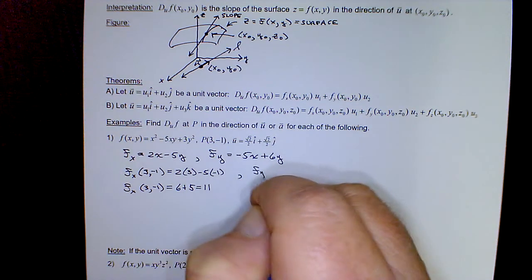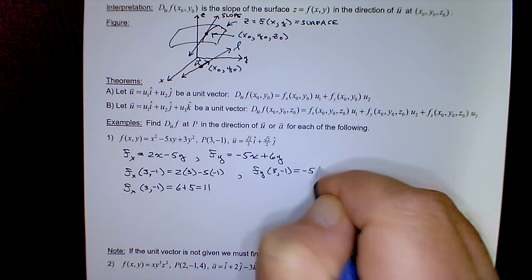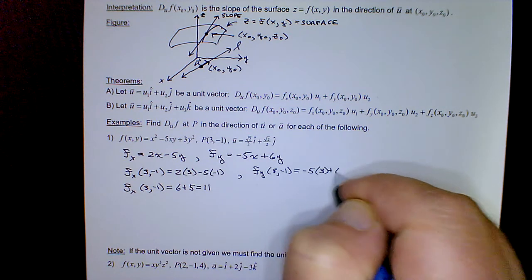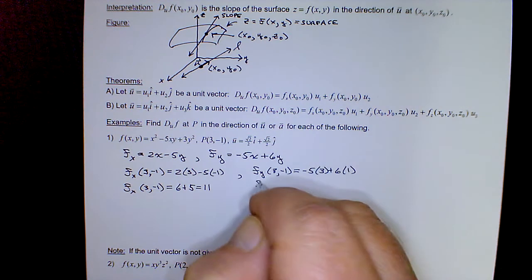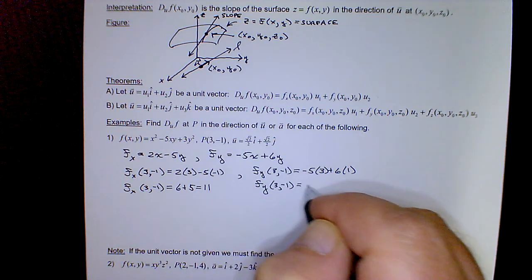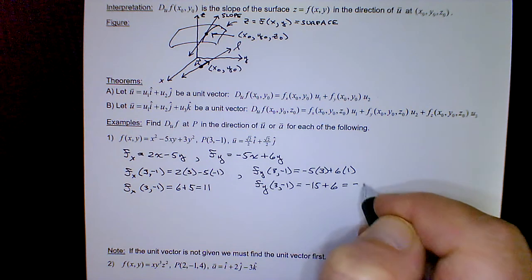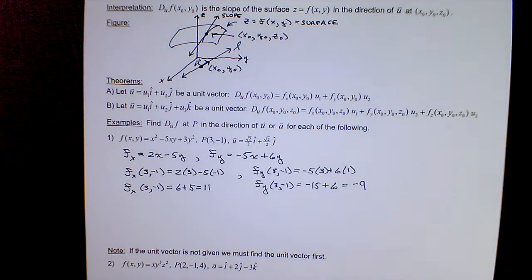And f sub y at the point 3, negative 1 is going to be negative 5 times 3 plus 6 times 1. So f sub y at 3, negative 1, negative 15 plus 6, or negative 9.